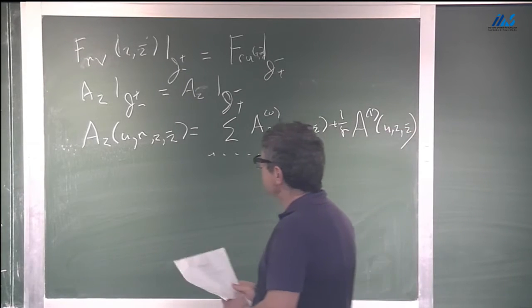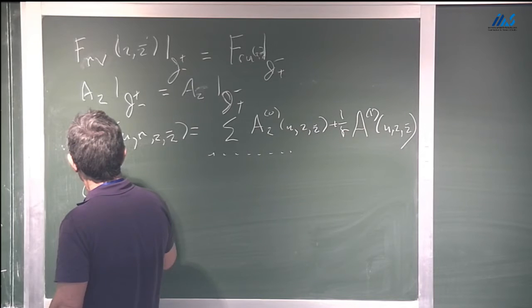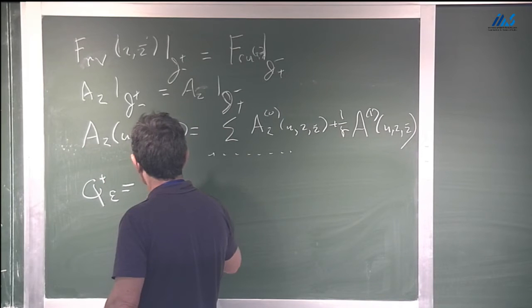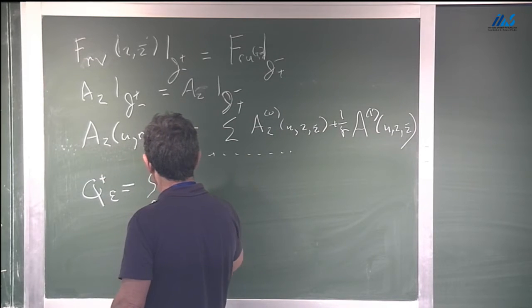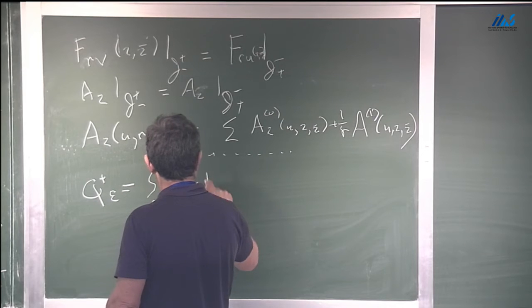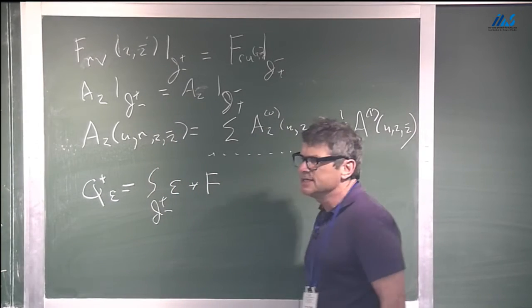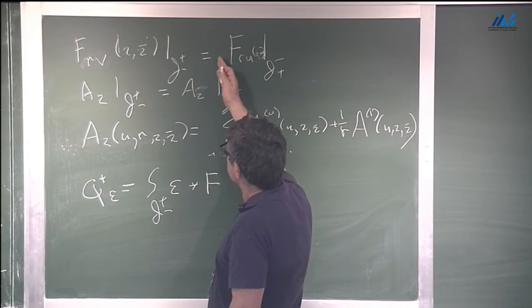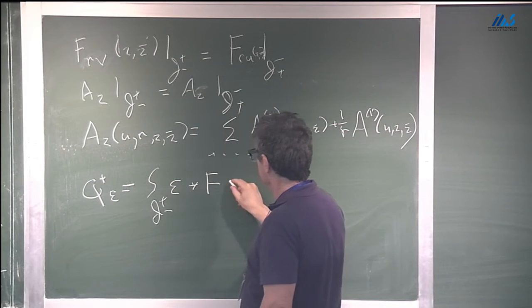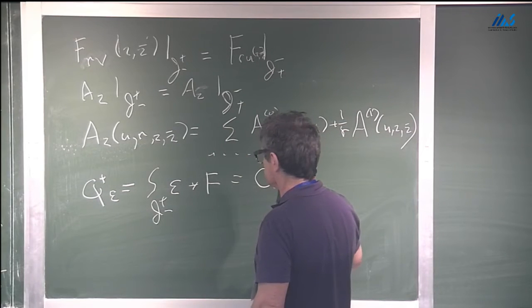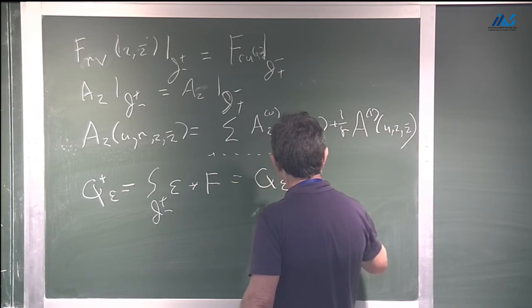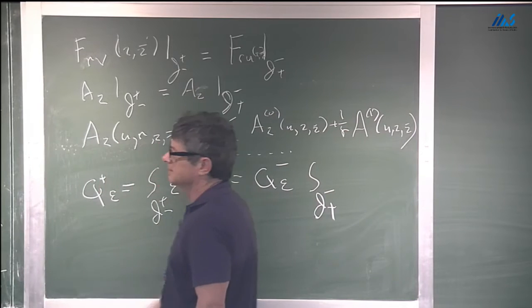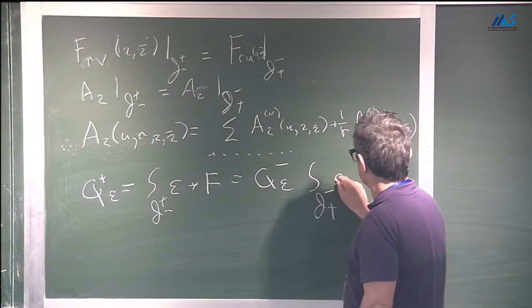Okay, now it immediately follows that if we define q plus epsilon as equal to the integral over scri plus of minus epsilon star f, where epsilon is any smooth function on the two-sphere, since this is equal to that, it immediately follows that this is equal to q minus epsilon, which is the integral over the top of scri plus, the top of scri minus of epsilon star f.